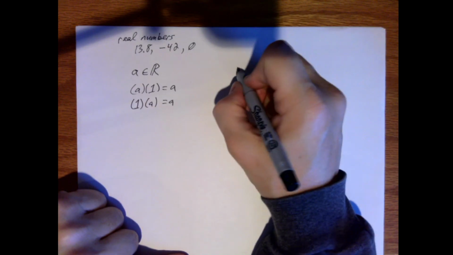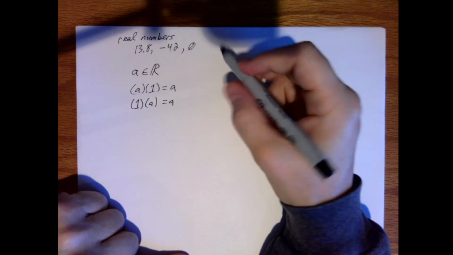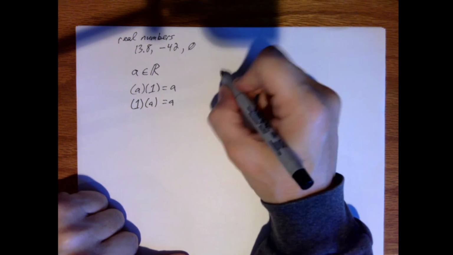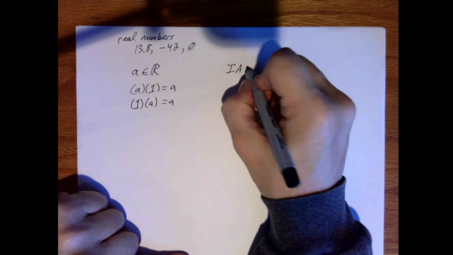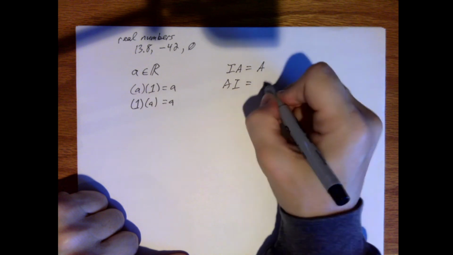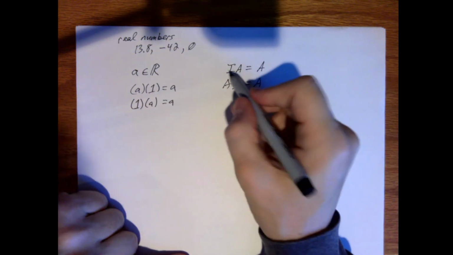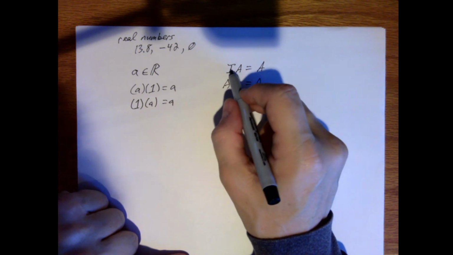When we're talking about identity matrices, we'll find out how to do some other things related to those later, but when we talk about matrix multiplication, we'll see that I times A equals A and A times I is equal to A. Now, it may not be the same I in both cases because the shape of the identity matrix may have to change.